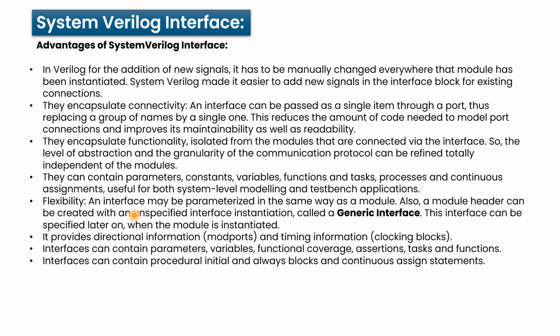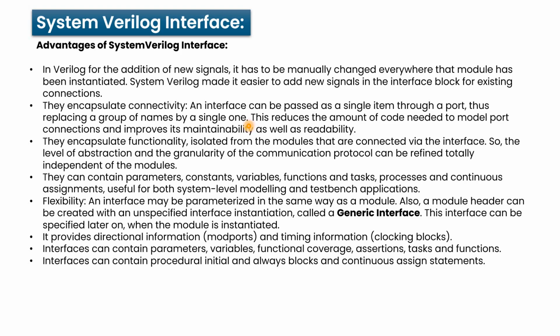So if you see the advantage of SystemVerilog interface over Verilog, as I described, for any addition of a new signal in Verilog, it has to be manually changed everywhere that module has been instantiated, and SystemVerilog made it easier to add new signals in the interface for existing connections. Similarly, they encapsulate connectivity. An interface can be passed as a single item through a port, thus replacing a group of names by a single one.